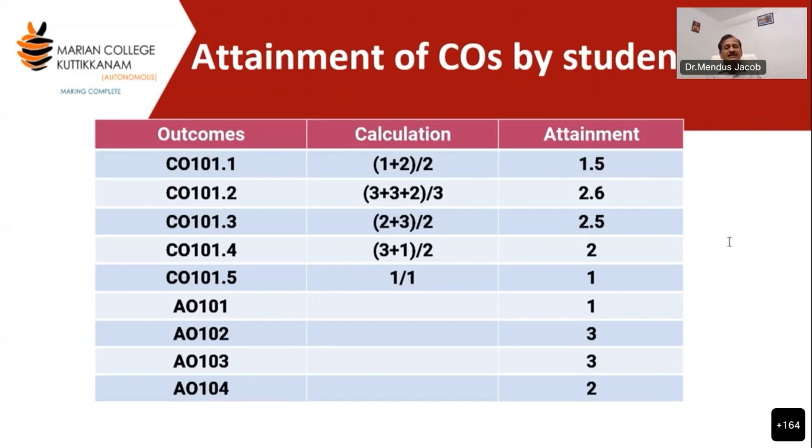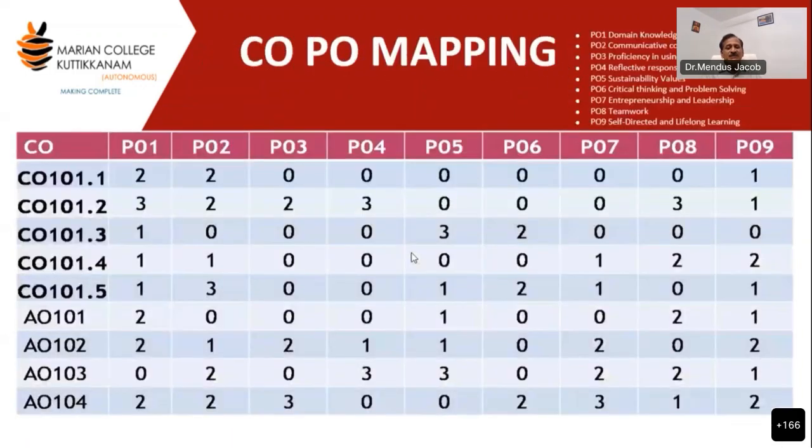No, it is not like that. We will have the program matrix for the program. Suppose we are offering an MSc Computer Science. So we will have a program matrix for MSc Computer Science where we will consider all the courses. We will list all the course outcomes of all the courses in the first column. I will show that program matrix again.